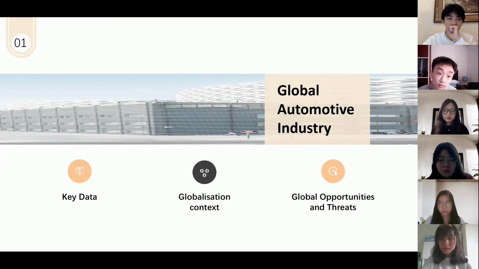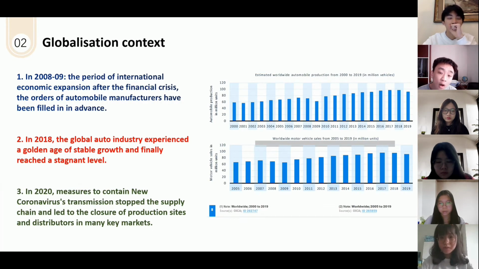In the period of international economic expansion after the 2008 to 2009 financial crisis, the orders of automobile manufacturers had been filled in advance. The global auto industry experienced a golden period before reaching the stagnation level. It maintained a stable growth rate throughout 2018.